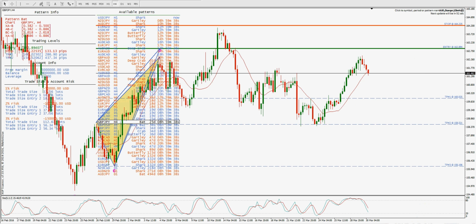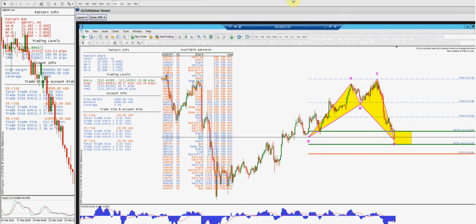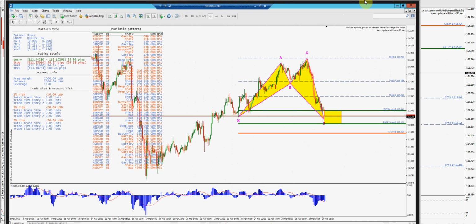We are now in the iMarkets Live trade room, and this is going to be for the London Open session. As you can see, we have the trade room up.